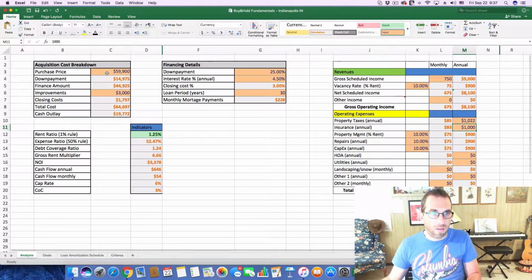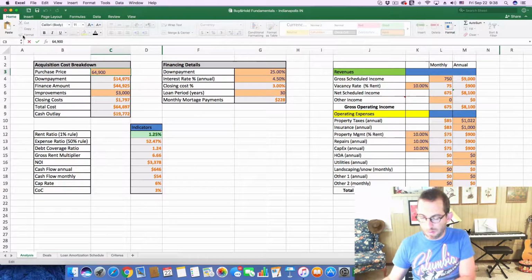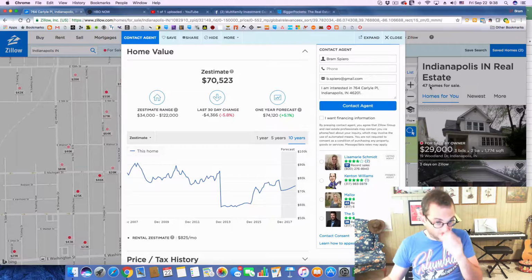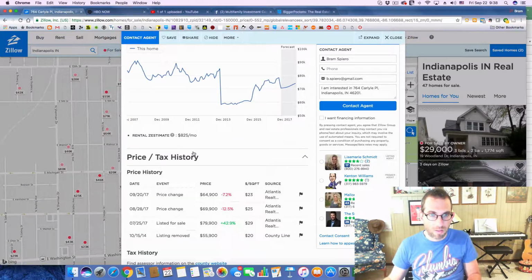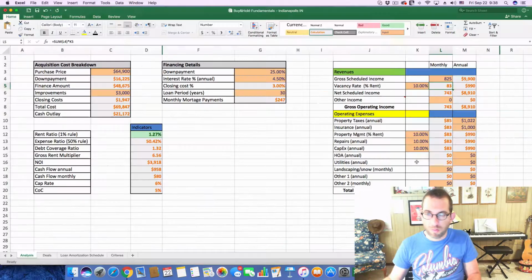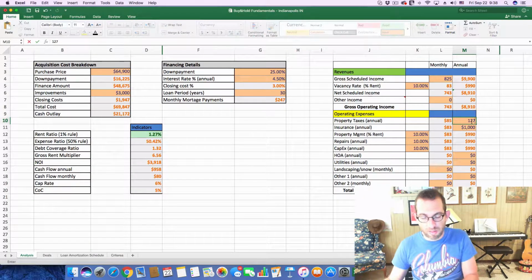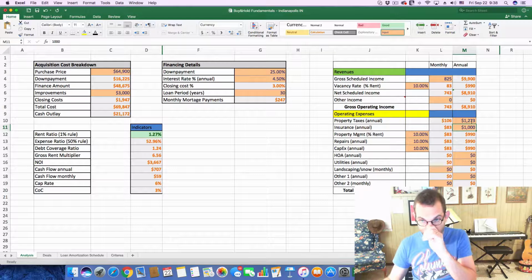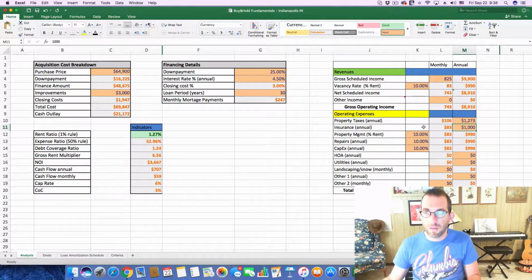I'm sticking the price and the estimated rent in here, and then I'm going to go and grab taxes as well, $1273, and then the rest is kept constant.